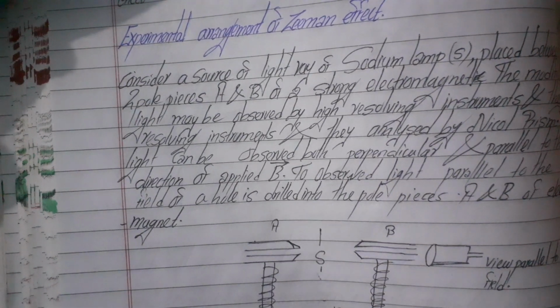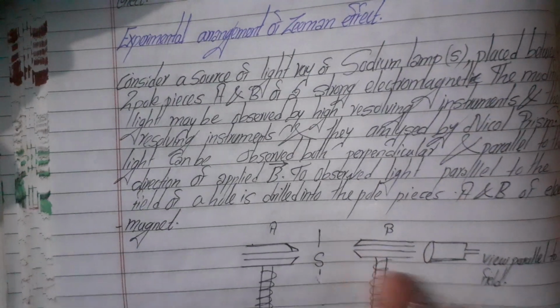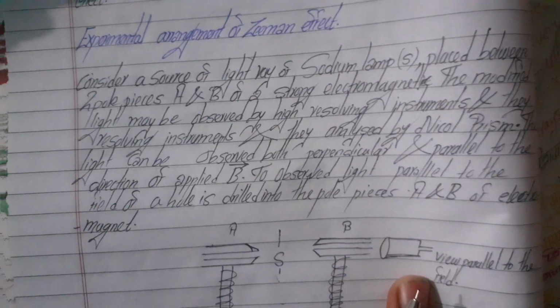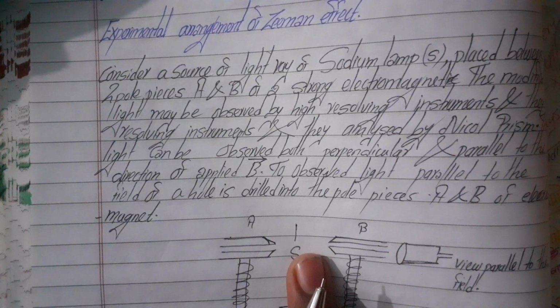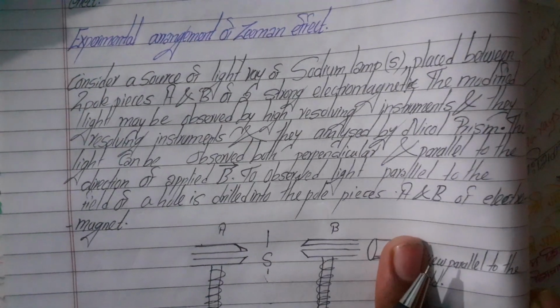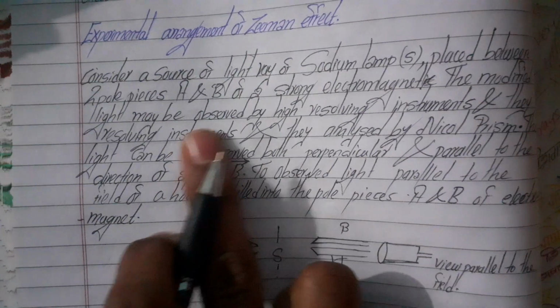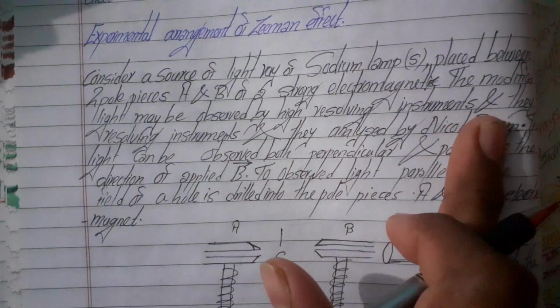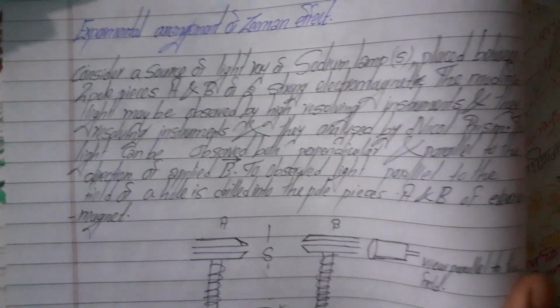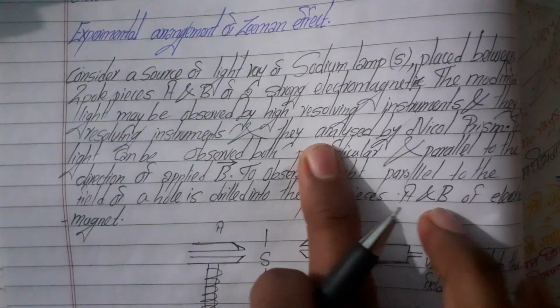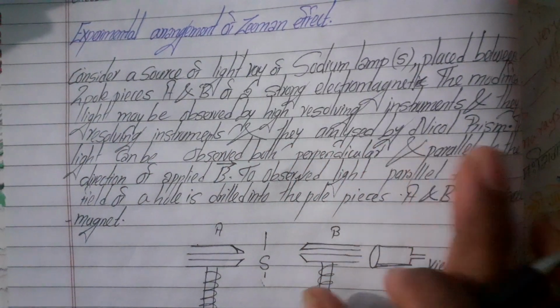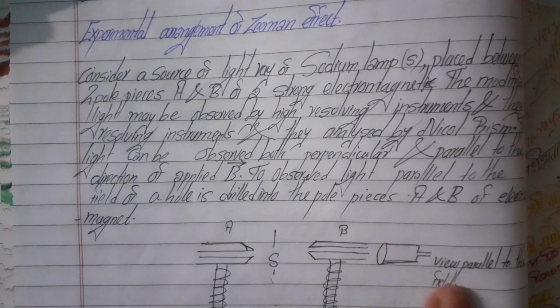A and B are the two pole pieces, and the modified light may be observed by a high resolving instrument. They are resolving instruments and they analyze by a Nicol prism. This is the Nicol prism.